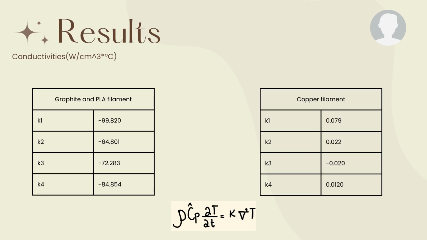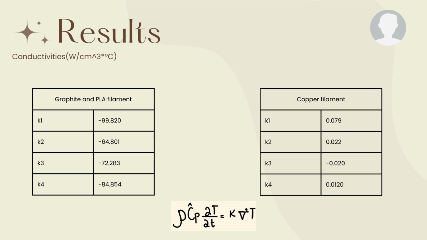In the case of the graphite, the first spot was minus 99.820 watts over cubic centimeter Celsius degree. The second spot was minus 64.801 watts over cubic centimeter Celsius degree.